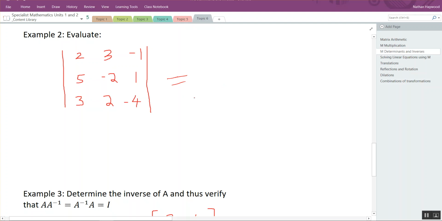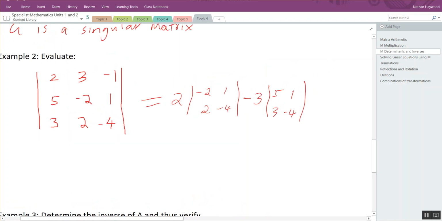It's the determinant of a 3 by 3. That's the first element, remember what an element is? Times the first minor, minus the second element by the second minor. You just find the determinants of those.